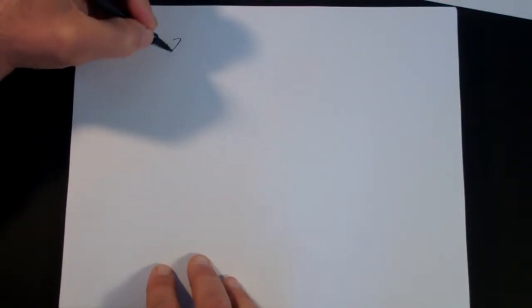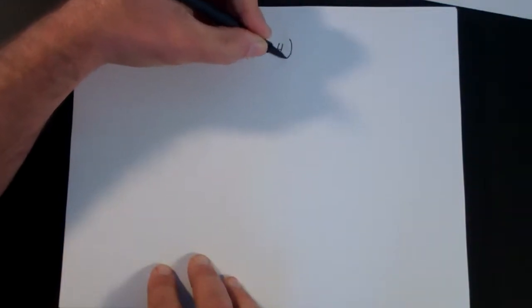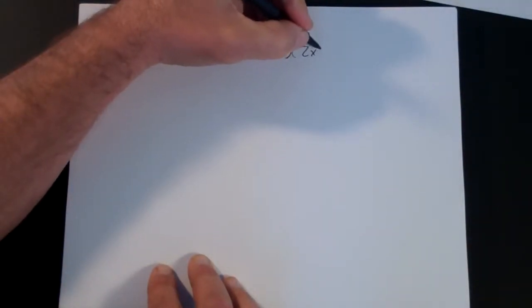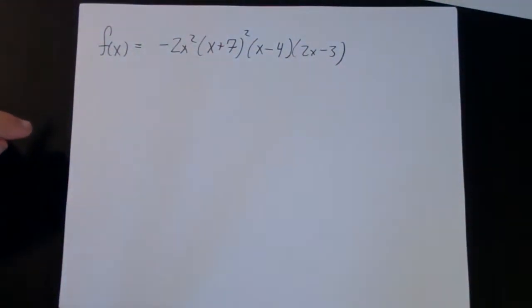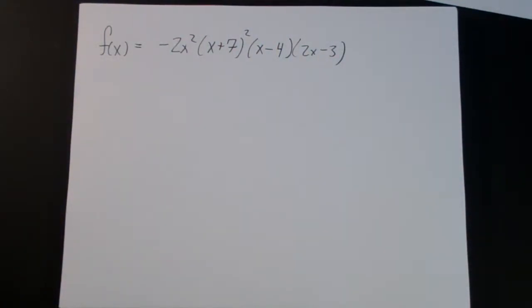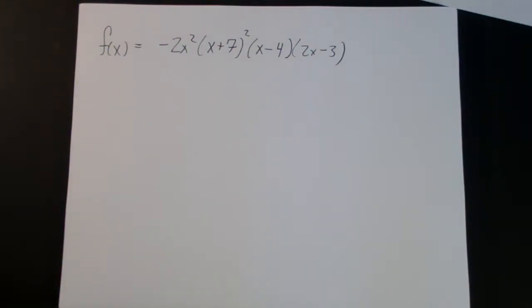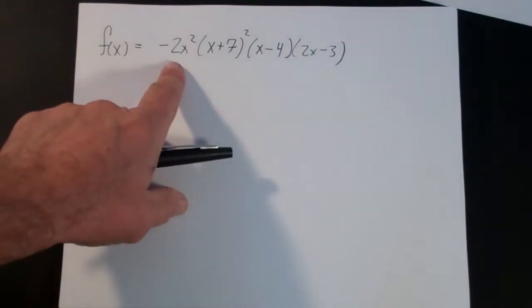There are a couple of examples that can be a little bit more complicated. Here's one. In this one, you could multiply all of this out by FOIL, but that would be quite complicated. All you really need to do is find out, if you multiplied all this out, what would be the term with the highest power.